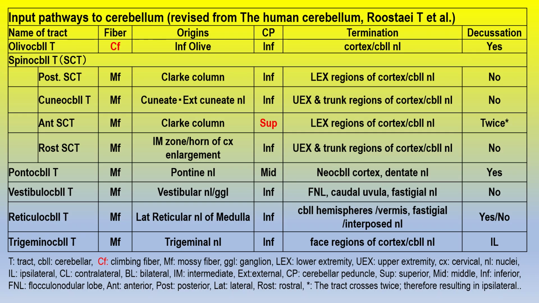Regarding the cerebellar peduncles that tracts pass through, only the pontocerebellar tract passes through the middle cerebellar peduncle, while the anterior spinocerebellar tract crosses twice and passes through the superior cerebellar peduncle. All other input pathways pass through the inferior cerebellar peduncle.